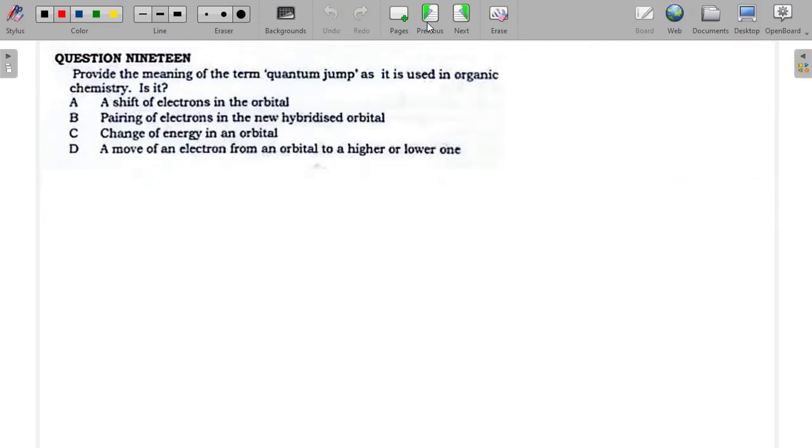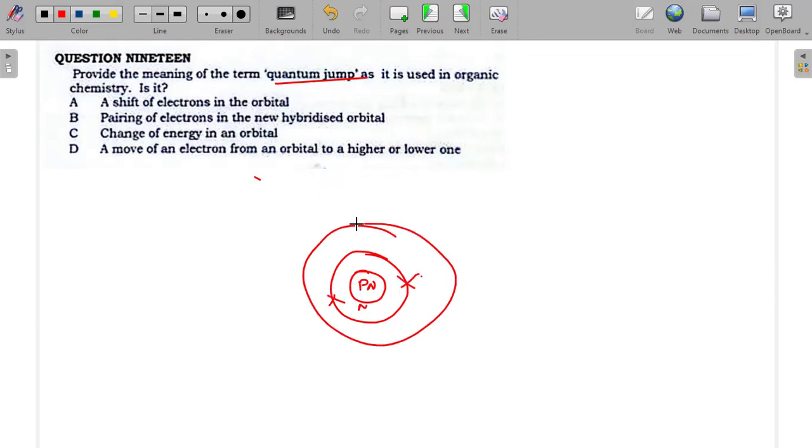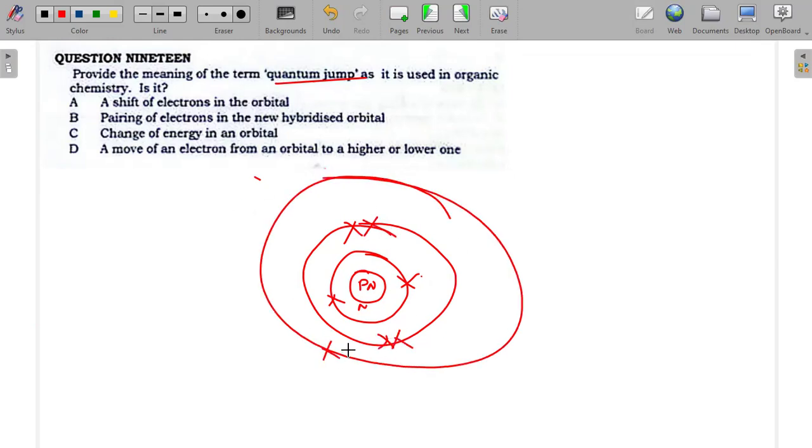Okay, let's look at question number 19, where they're saying, provide the meaning of the term quantum jump. So I'll draw something here. I'll say this is the nucleus. It has protons and neutrons, and then these are electrons, like that. This is more about atomic structure than organic chemistry. So what is the meaning of the quantum jump?